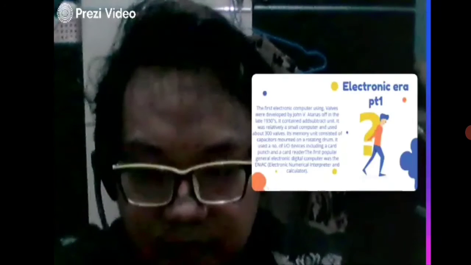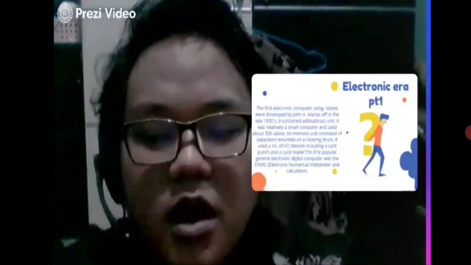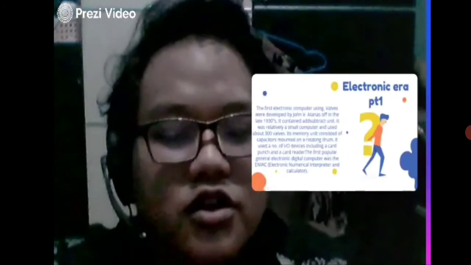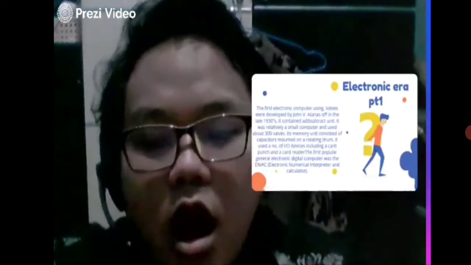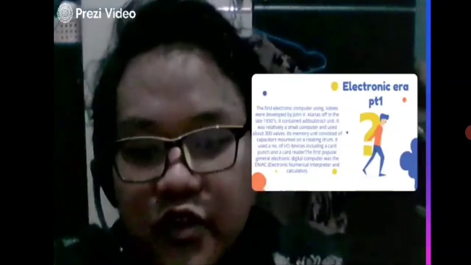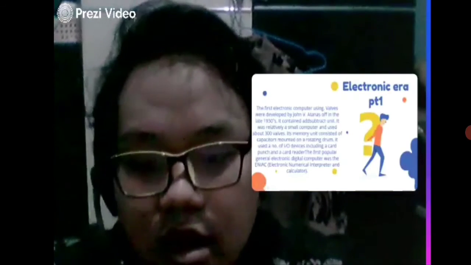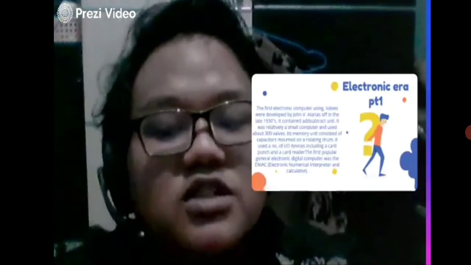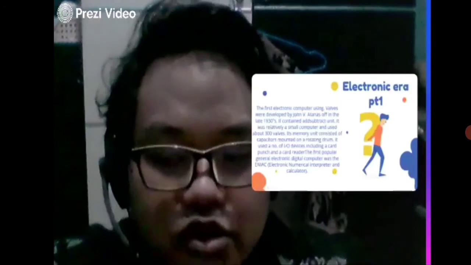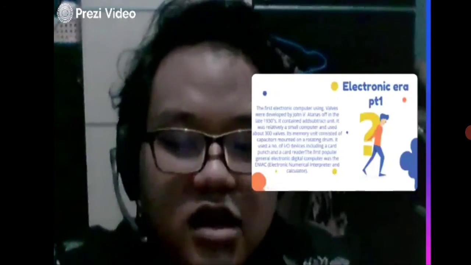Its memory unit consisted of capacitors mounted on a rotating drum. It used input and output devices, including a card punch and a card reader. The first popular general-purpose electronic digital computer was the ENIAC, electronic numerical integrator and calculator.